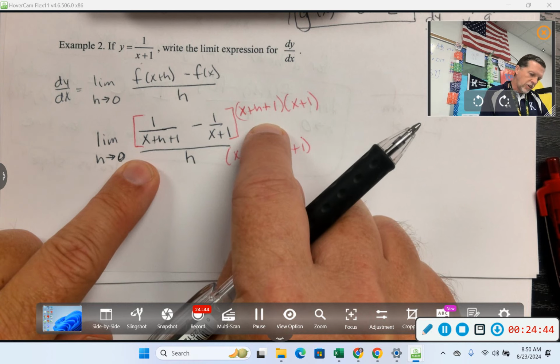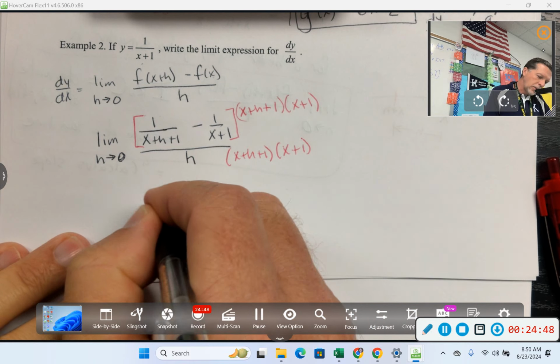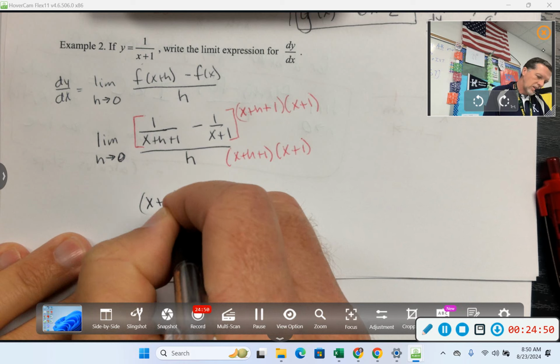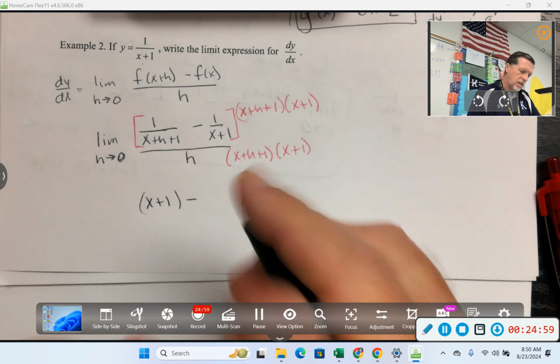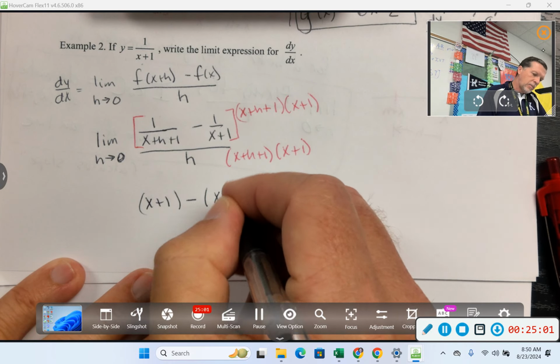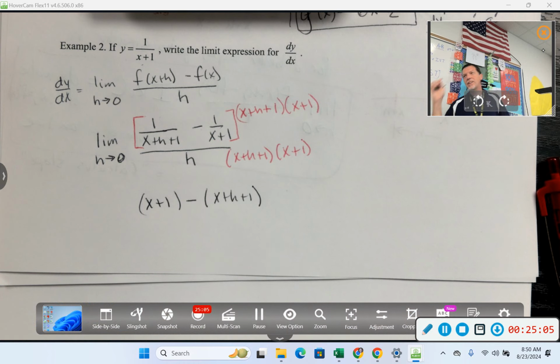Okay, on the first term, the big chunk cancels and I'm left with x plus 1. On the second term, the x plus 1 cancels and I'm left with x plus h plus 1. Although be careful, because that minus sign needs to go to everything.